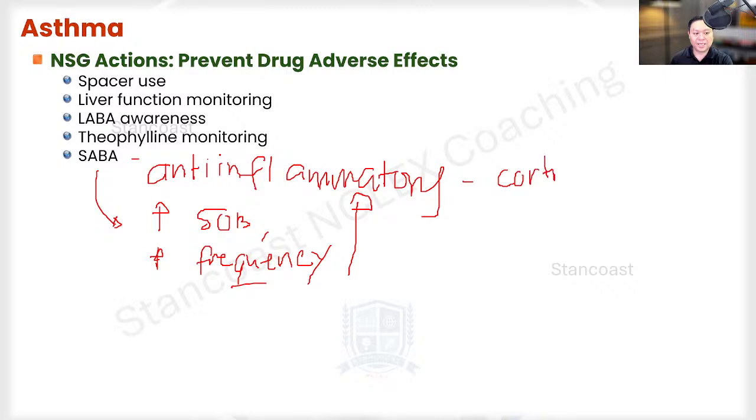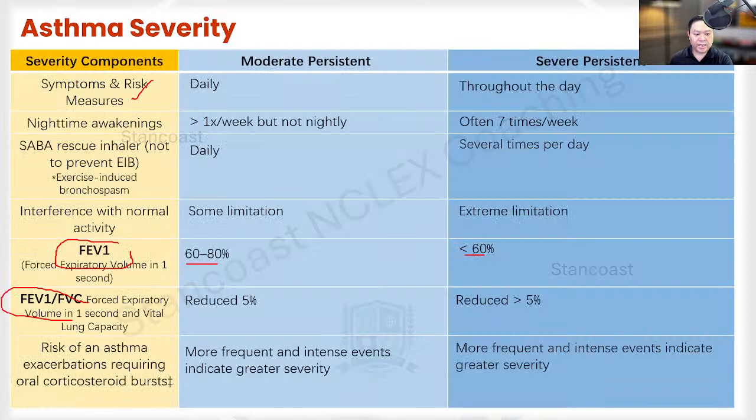Remember that table that I showed you earlier? Let me go back to that so you will have that visual. Remember the screen right here regarding the severe persistent and the moderate persistent.